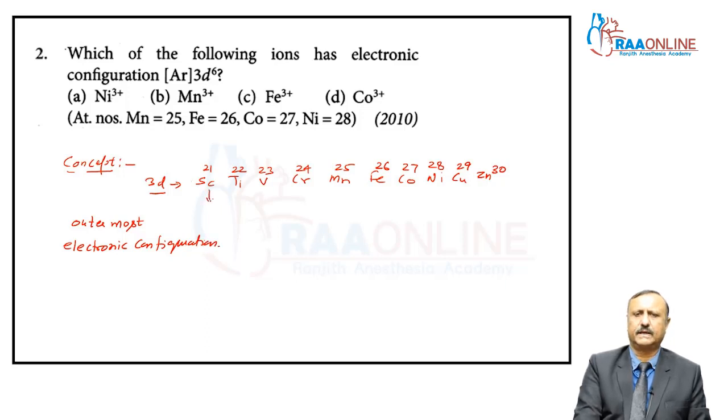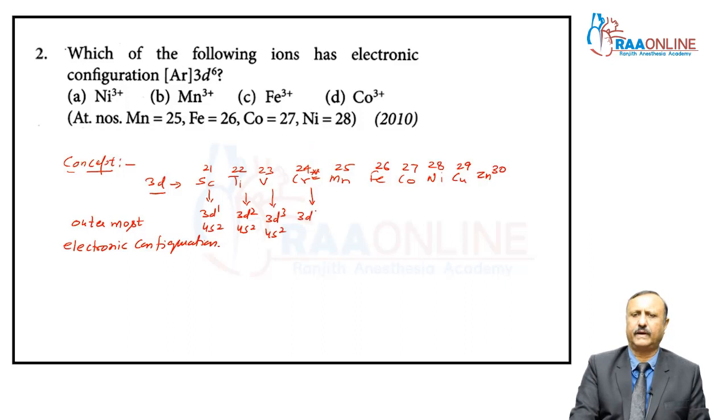Scandium gets 3d1 4s2, titanium gets 3d2 4s2, vanadium gets 3d3 4s2, and chromium gets 3d4 4s2, but in chromium an abnormal electronic configuration is present.